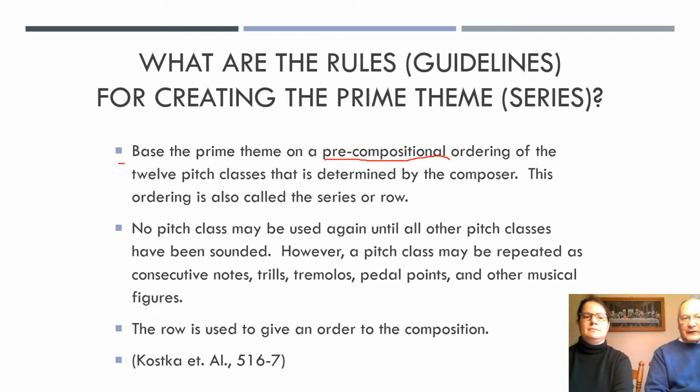No pitch class may be used again until all other pitch classes have sounded. However, a pitch class may be repeated as consecutive notes, trills, tremolos, pedal points, and other musical figures. The row is used to give an order to the composition, and those points come directly out of the music theory book, I believe.